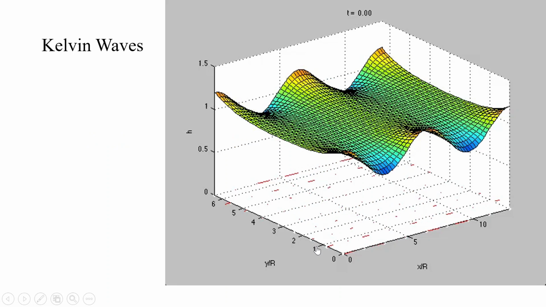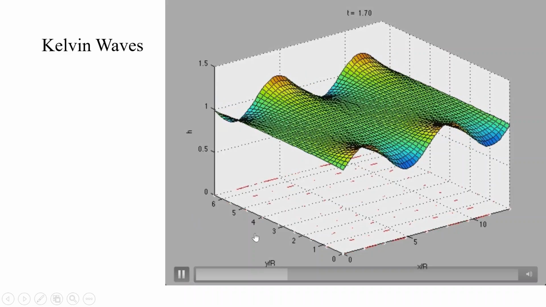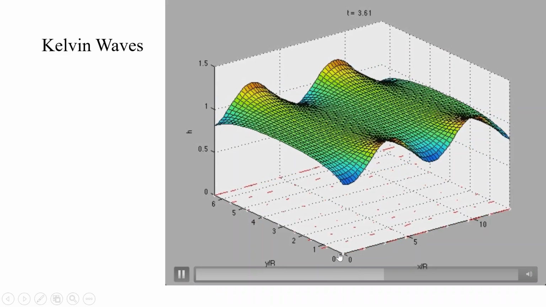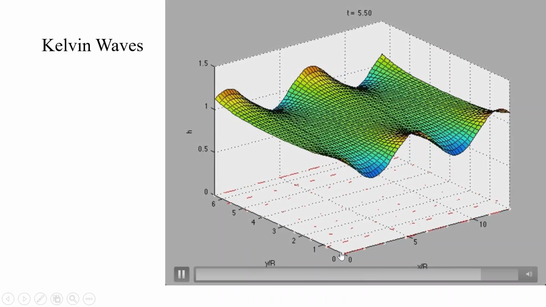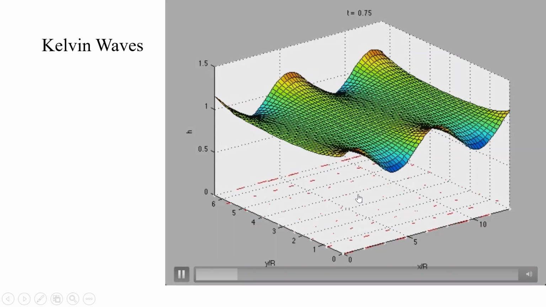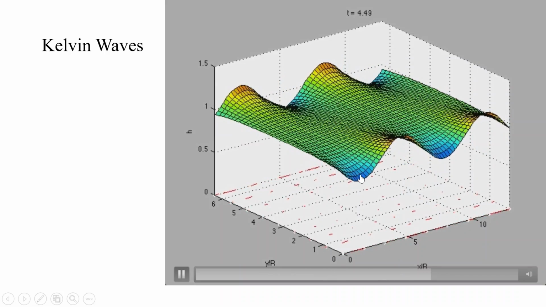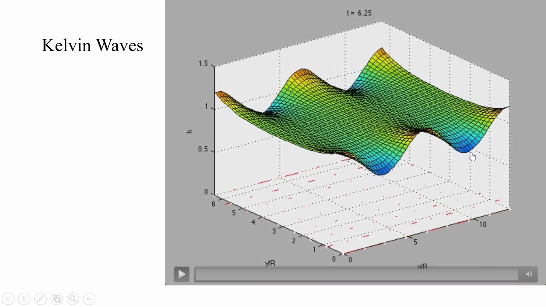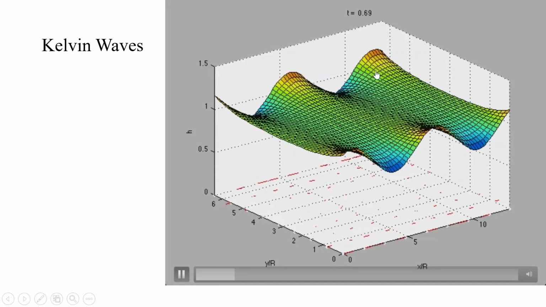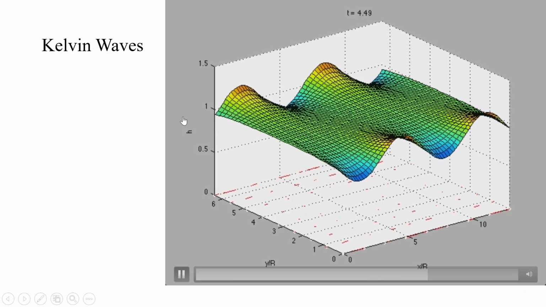Okay, so if you look at the Kelvin waves, now again, this is y equal to 0 and y equal to L, and this is the zonal direction. You see now the Kelvin wave at y equal to 0 moves to the east, and at y equal to L, the wave moves to the west.